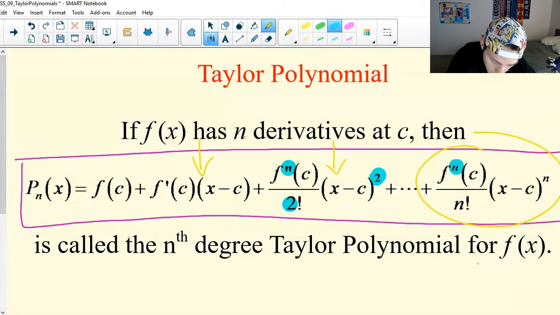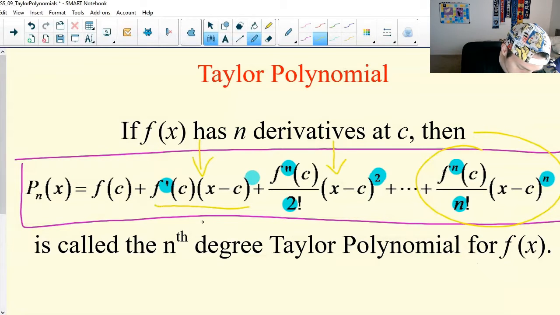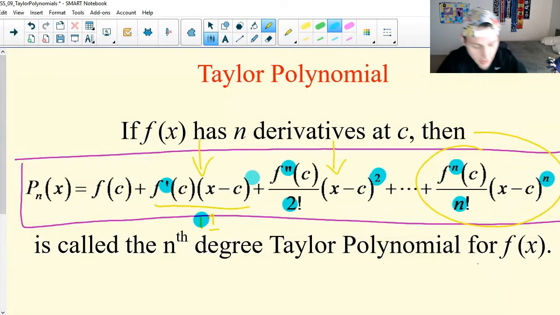Because that's what the formula says, and all of these things are the same value. So for this term, they're all 2. But for that term, they're all 1. So it's just showing the pattern. But yeah, you're right, 2 factorial is just 2.